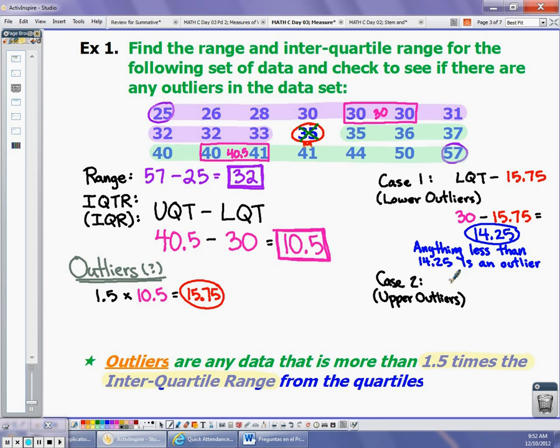In this case, we're going to take our upper quartile, and instead of subtracting, we're going to add 15.75. So the same number that we found over here, 15.75. And if I go back to what we found our upper quartile, that was 40.5. So I'm going to take 40.5 and add 15.75.